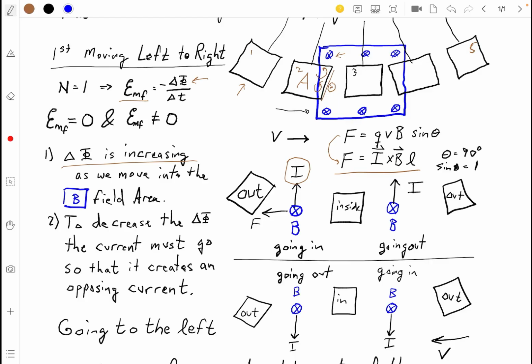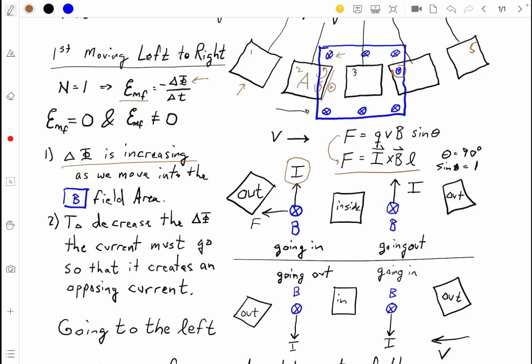So it needs to make a B field into the page, and in order to do that, it has to do a loop that's going to go into the page. How is that loop going to look? It's going to look like this.